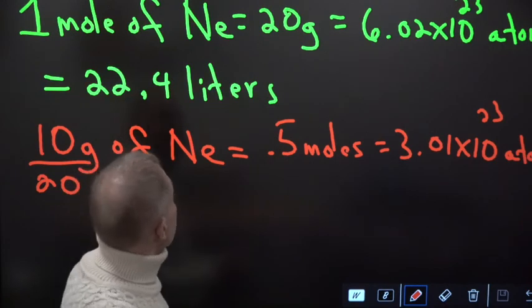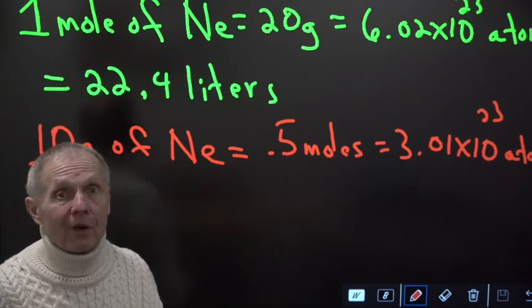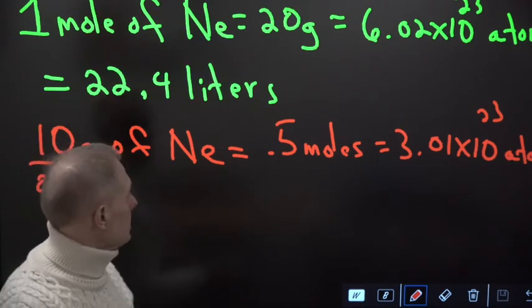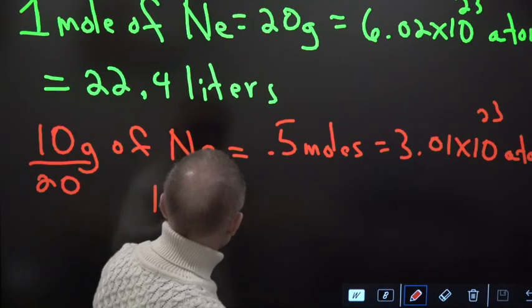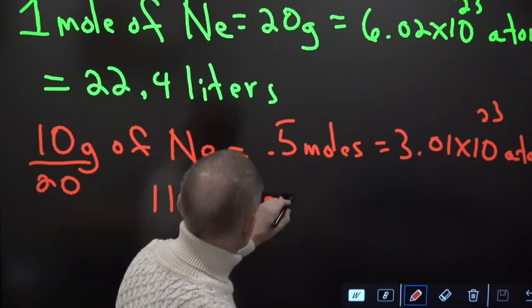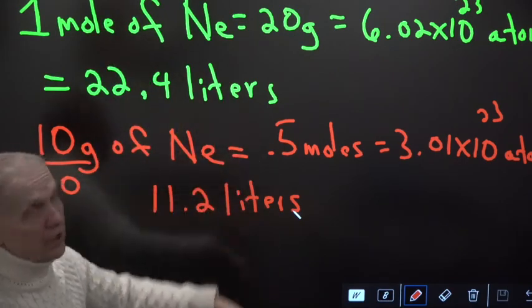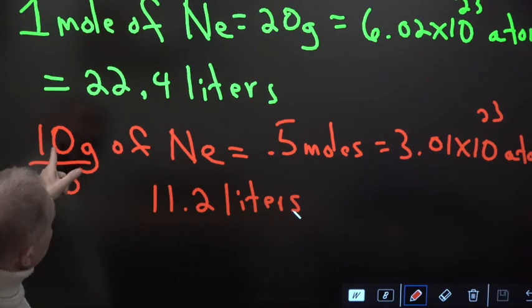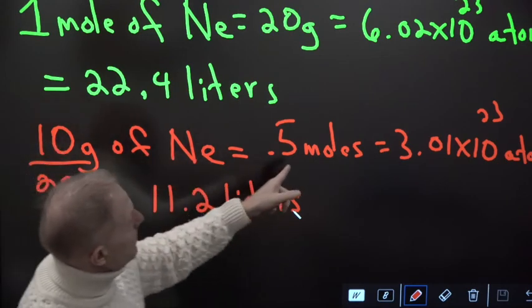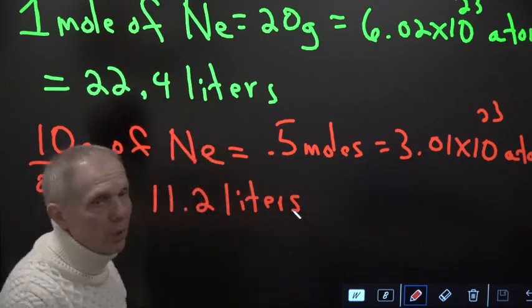Well, if 1 mole gives us 22.4 liters, then half a mole would give us this. So you can pick any one of these numbers and you can find all the rest out. So I started with 10 grams of neon, that's half a mole, that's 3.01 times 10 to the 23rd atoms, that's 11.2 liters.